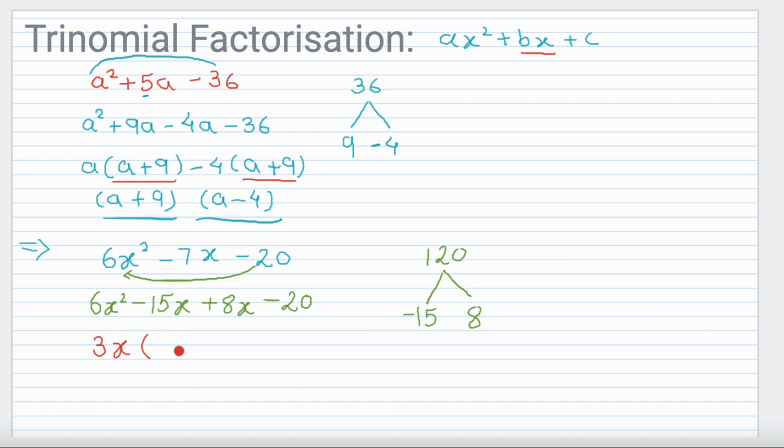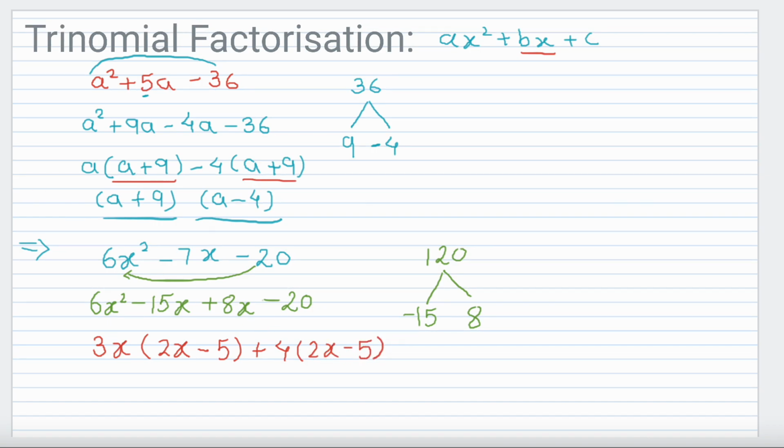Remaining is, 3 twos are 6, so here you will get 2, and x is remaining, and then minus 5, 15 divided by 3 gives 5. Then plus here, 8 and 20, you can take 4 common. And in the bracket you will get 2x minus 5.